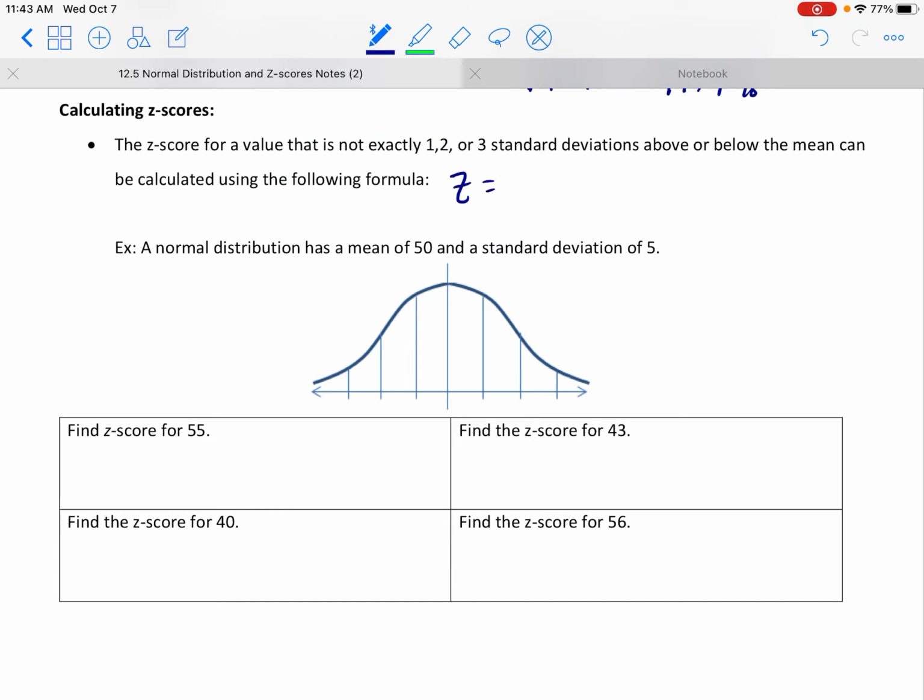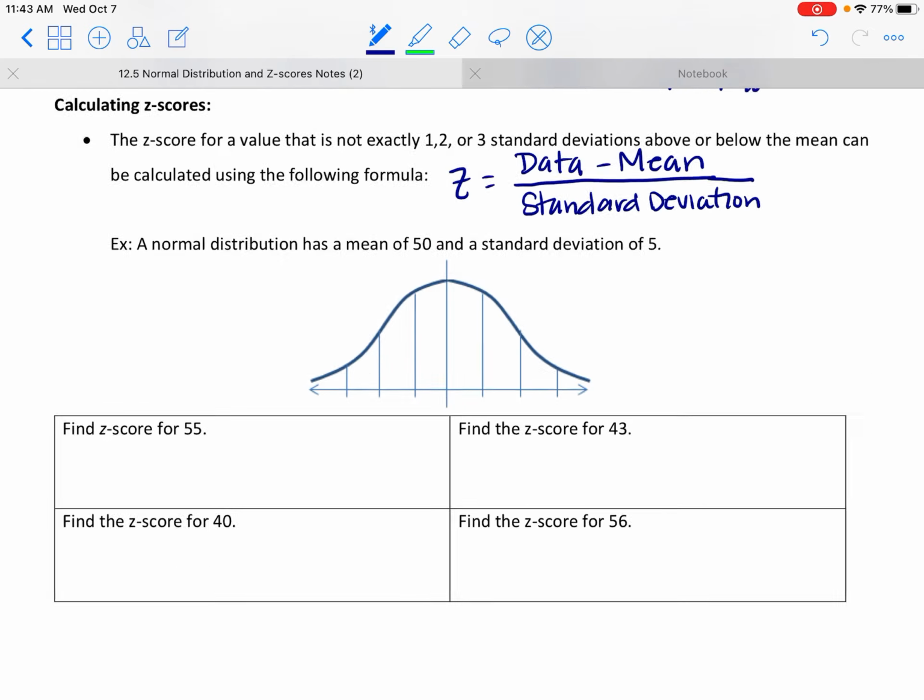So z-score is going to be equal to, we take our data, whatever it is, we subtract the mean so we can find the distance, and we divide it by the standard deviation. And it's going to tell us exactly how far we are from the mean in terms of those standard deviations.